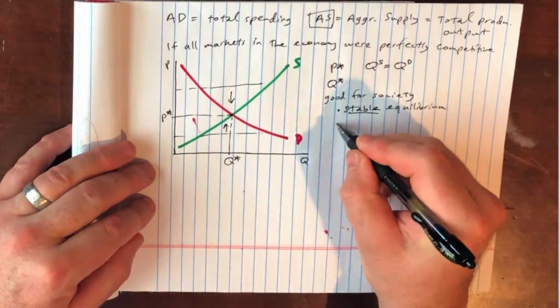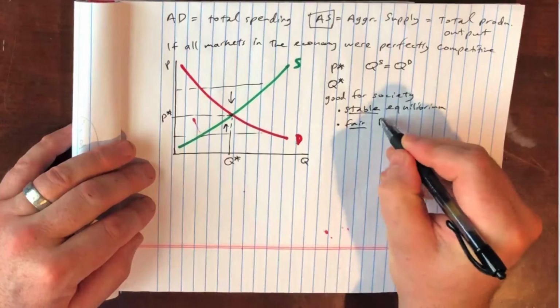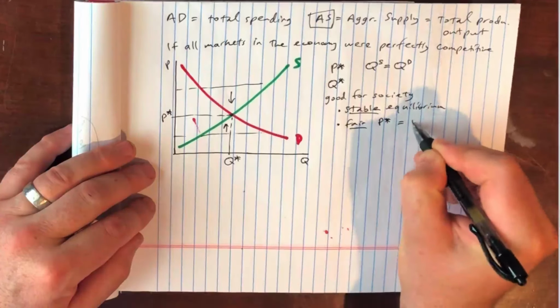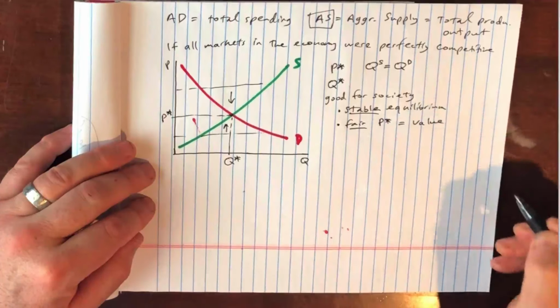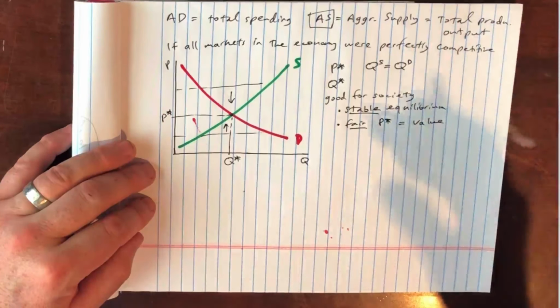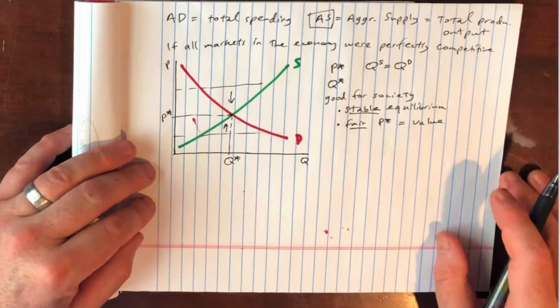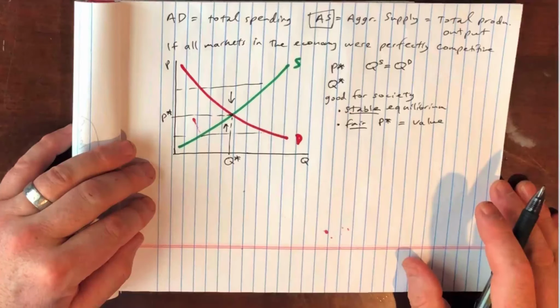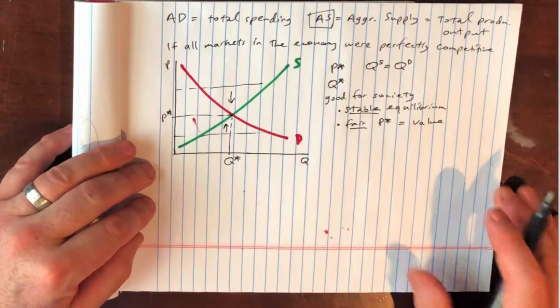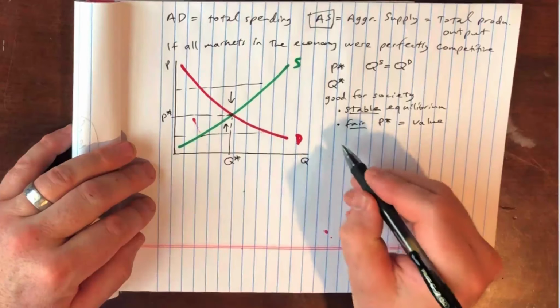It's also fair. The price, P star, represents the true value of that commodity. You have to go into more detail in neoclassical economics to see exactly why that's the case. We're not really going to do that in this course because it's a macro course, but we go into it in much greater detail in the Intro to Micro course.